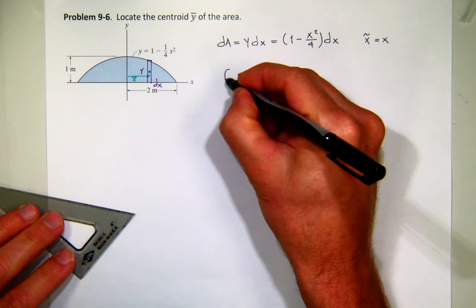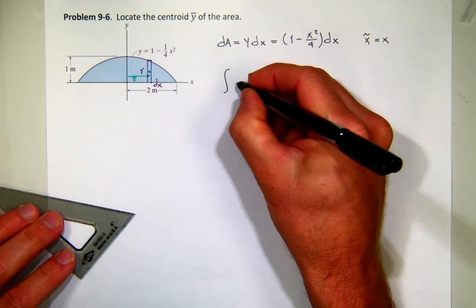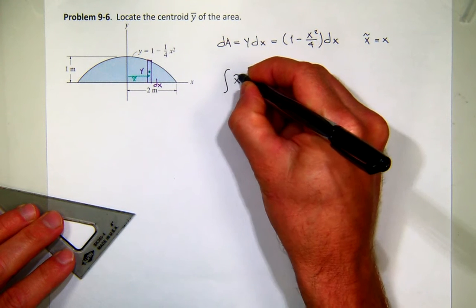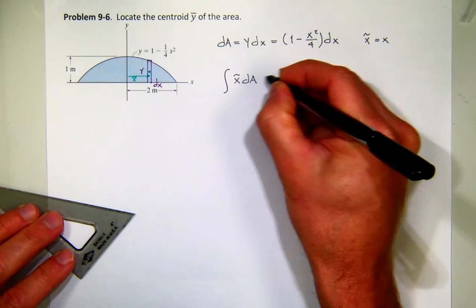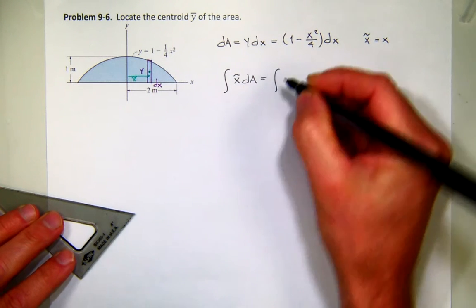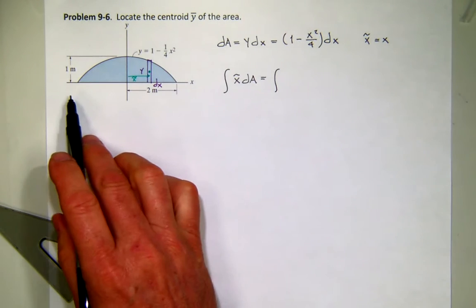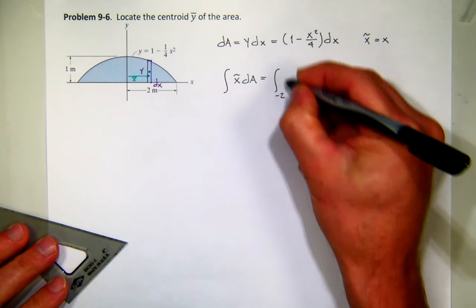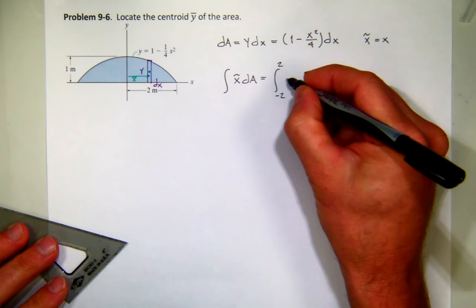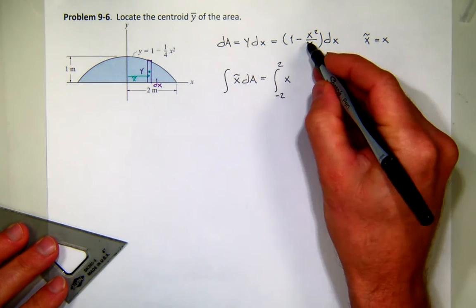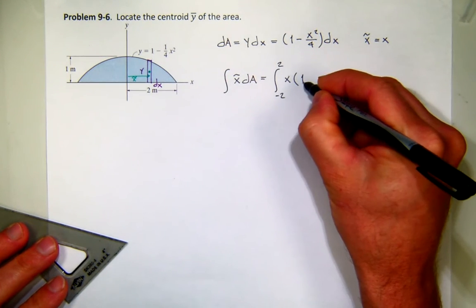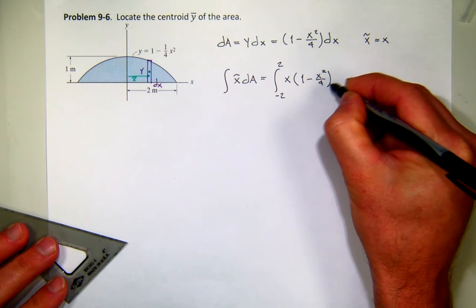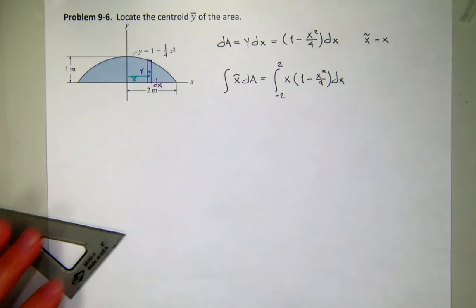So if I want to find the area, I would integrate x. In our case, how's x going to vary? X is going to start here and here, so it goes from minus 2 to 2 of x times dA, which is 1 minus x squared over 4 dx.